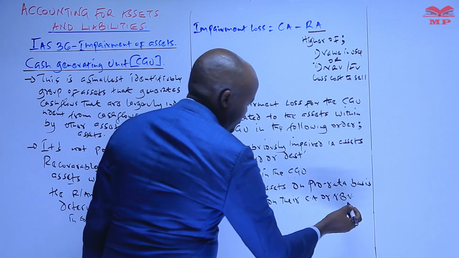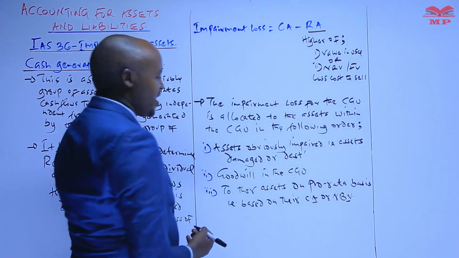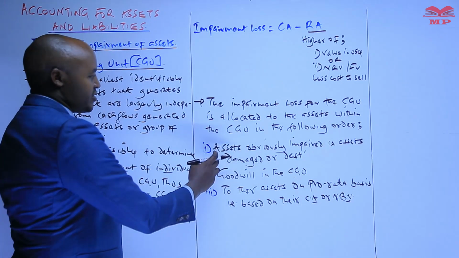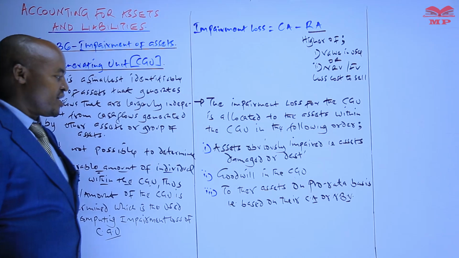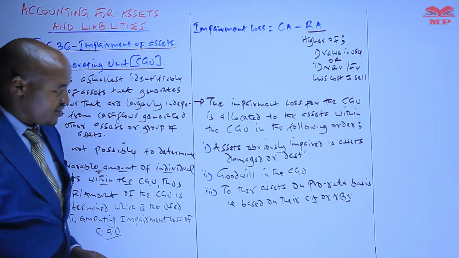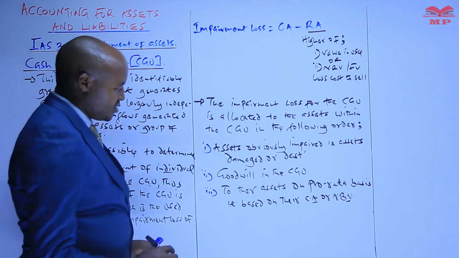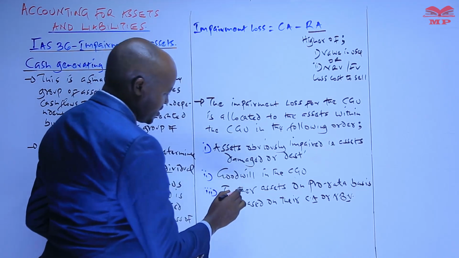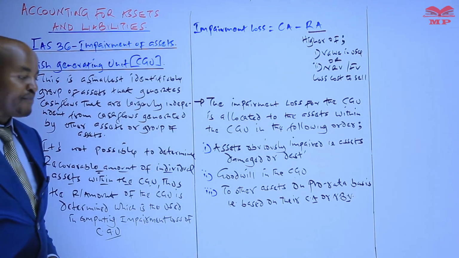So any remaining impairment loss will be allocated to the other assets, other than goodwill and those obviously impaired, in accordance with the net book value.